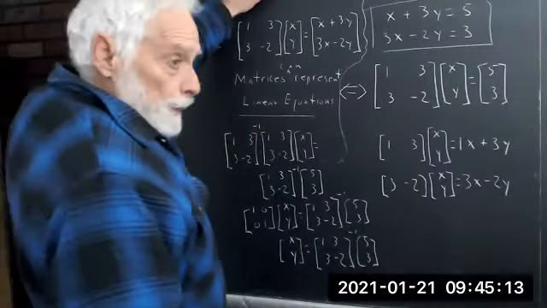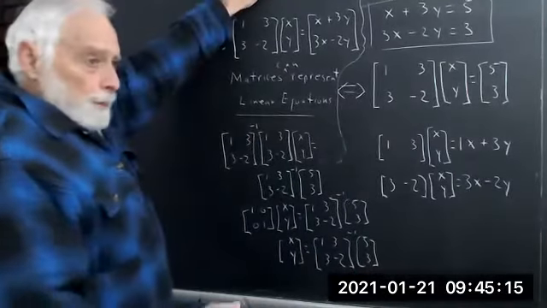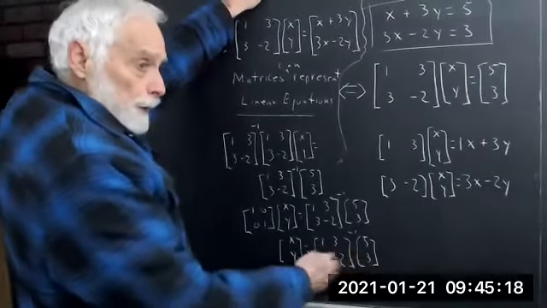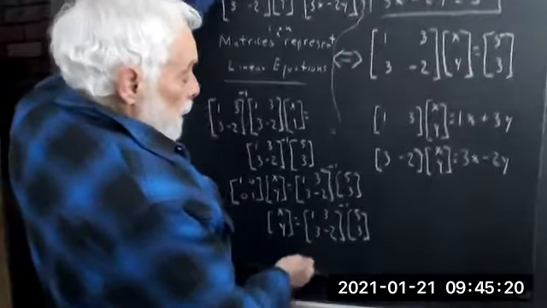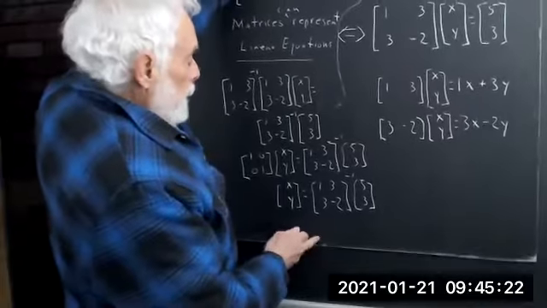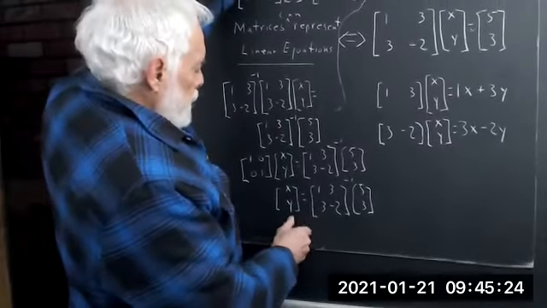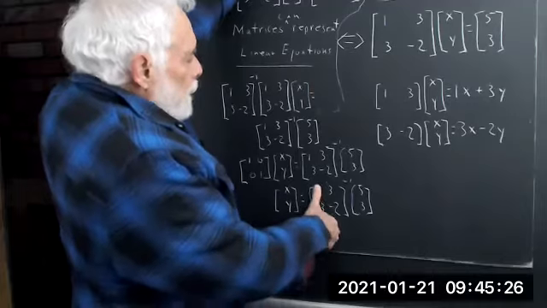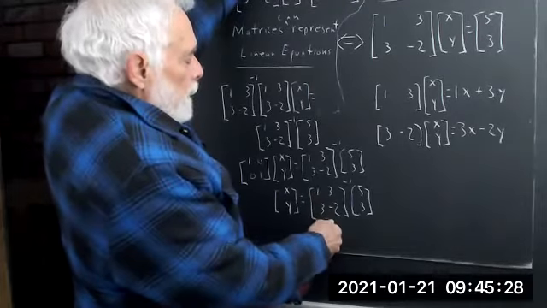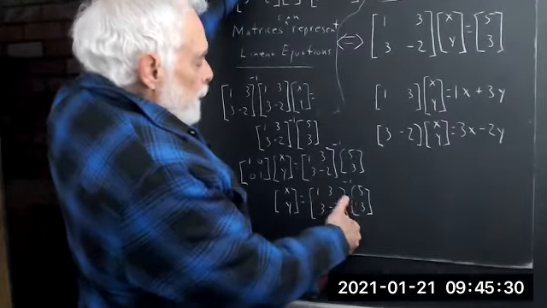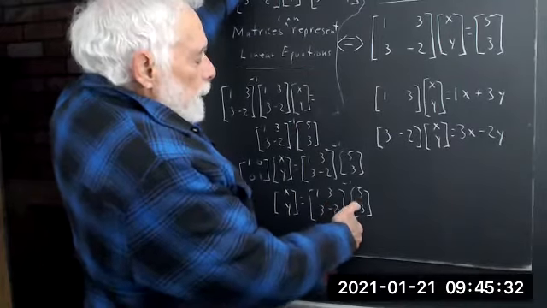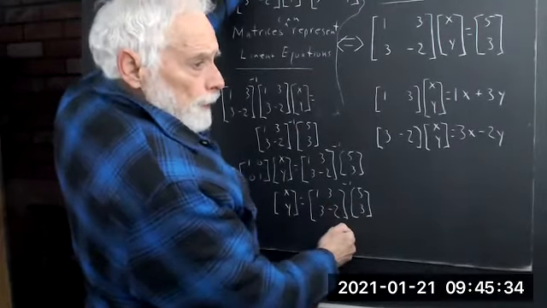I'm going to have to lift up this board a little bit because I suspect that when the video is done, this is going to be obliterated by a watermark. So there we have it. And what this tells you is that if we can invert this matrix and find the inverse of the matrix, then we just have a simple matrix times 5, 3 that gives us our solution.